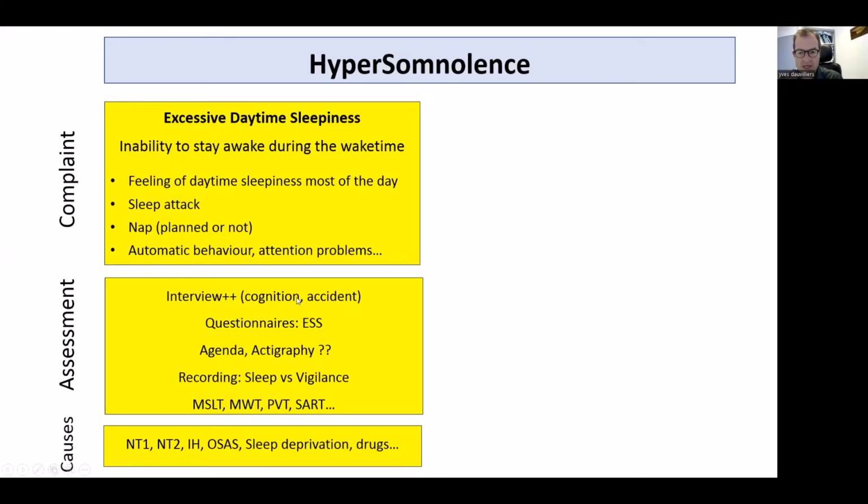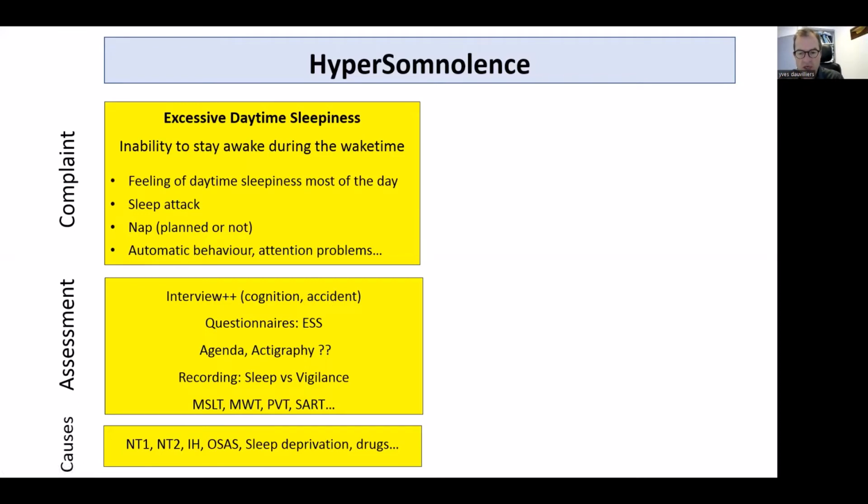How to assess that? First is the good clinical interview. You need to spend time with the patient to understand and detail this complaint. You can be helped by questionnaires, with the Epworth Sleepiness Scale and others, depending on the pathology.